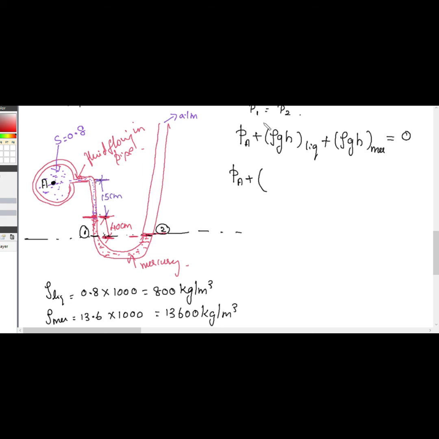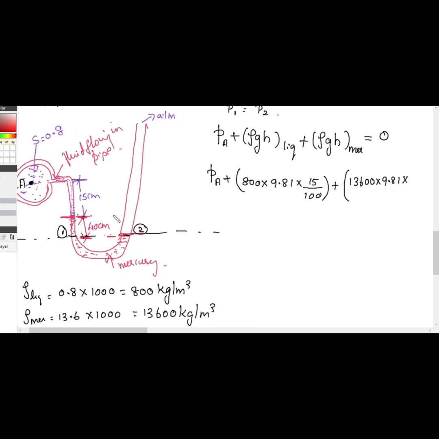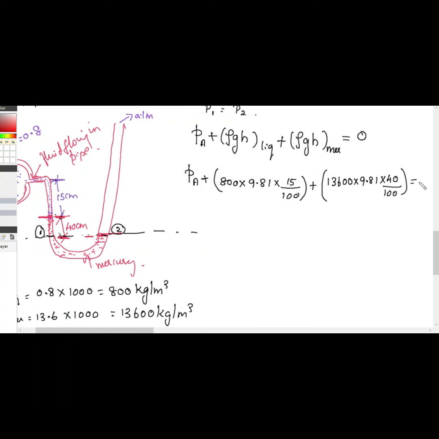Now we will substitute. The density of the liquid is 800 multiplied by 9.81 multiplied by the height. H is 15 centimeter, converting it into meter, we get 15 divided by 100, plus the density of mercury, 13,600 multiplied by 9.81 multiplied by height 40 centimeter, converting it into meter, divided by 100, is equal to 0.